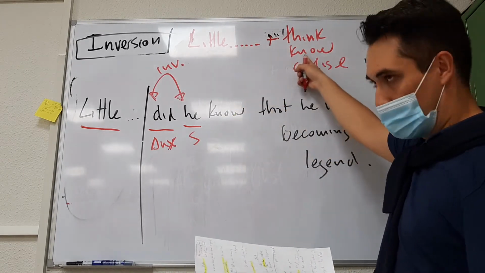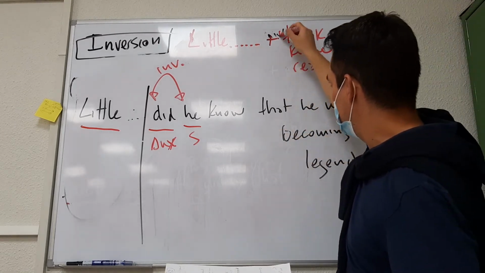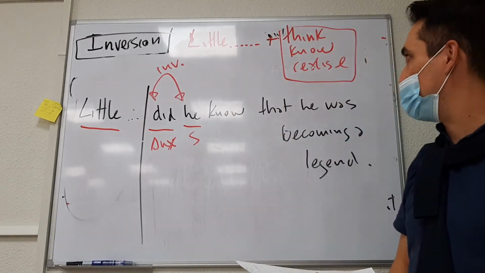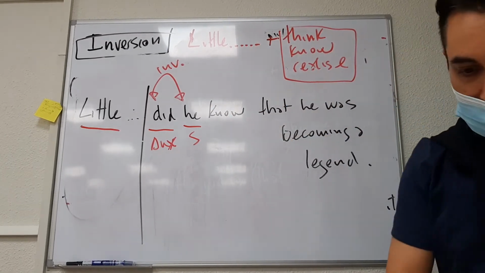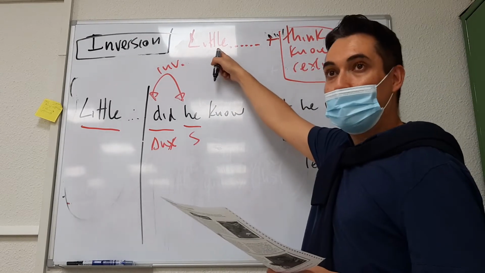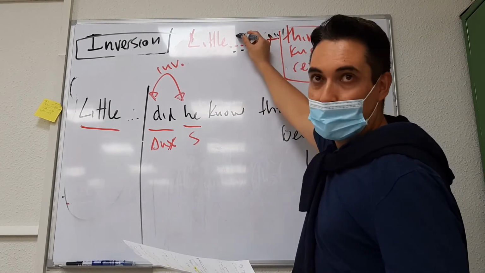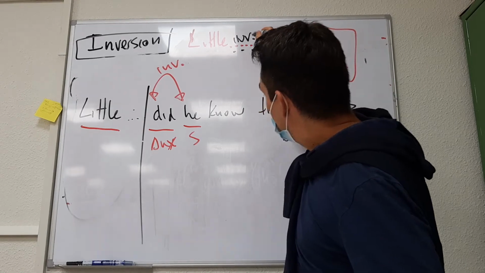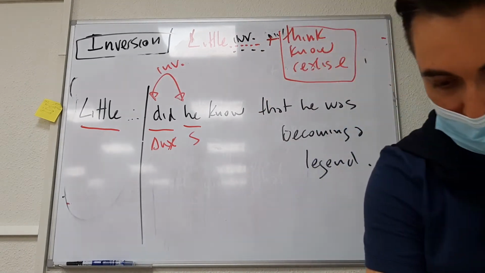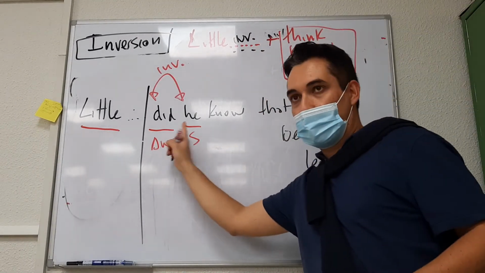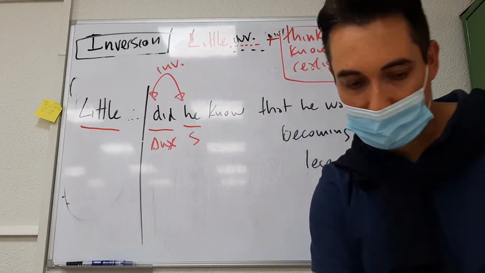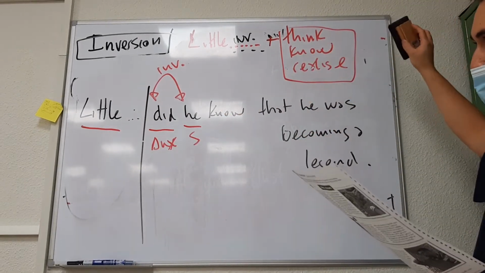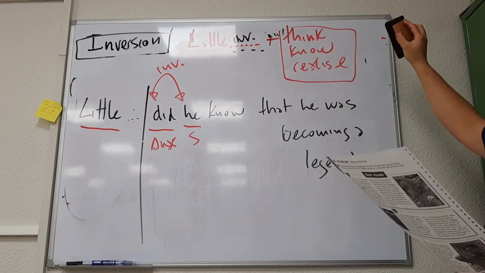Little did he know that he was becoming a legend. This type of verbs can you use, yeah? Think, know, realize. And I would say, after little, here there is an inversion. Yeah? Inversion with the auxiliary. So far, so good? May I?